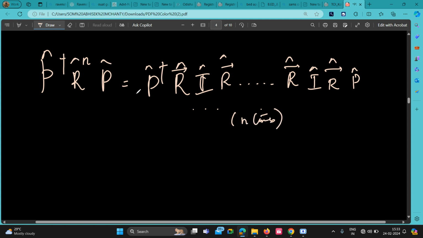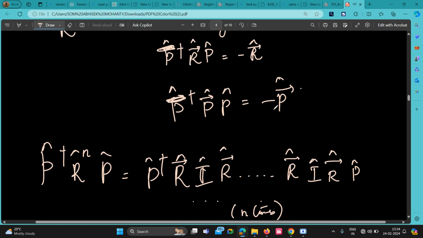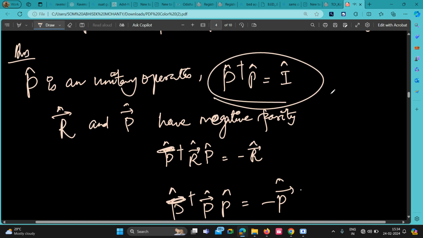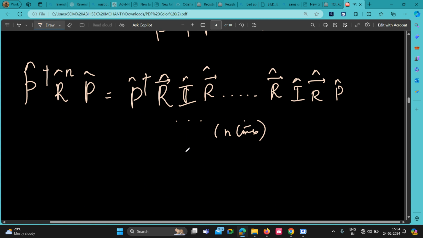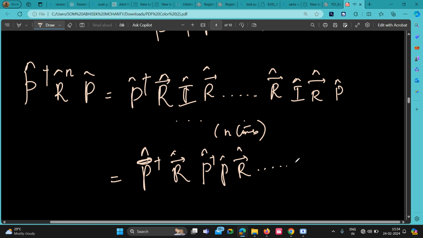Okay. So I can write I as P dagger P. So I will put in place of I that P dagger P, in between. Okay, so it will go on and on.